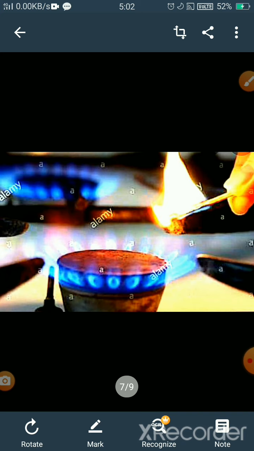So this type of combustion is called rapid combustion. Sometimes, along with heat and light, a large volume of gas is also produced during rapid combustion. So this is an example of rapid combustion, and next is spontaneous combustion.